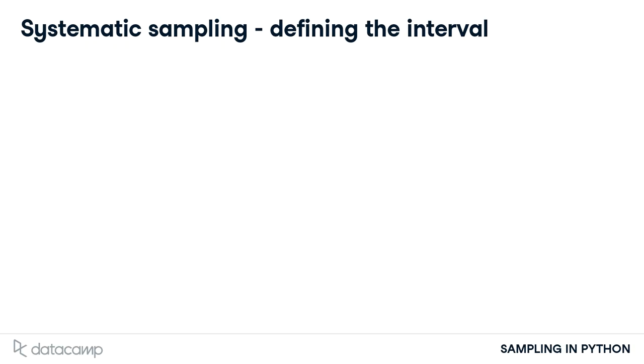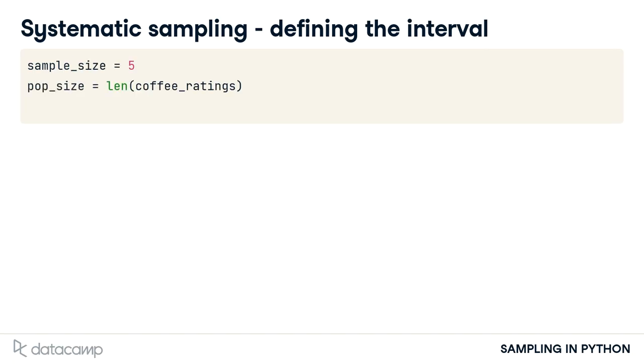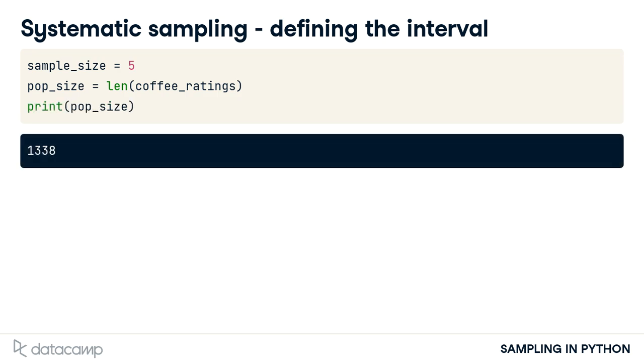Suppose we want a sample size of 5 coffees. The population size is the number of rows in the whole dataset, and in this case, it's 1,338. The interval is the population size divided by the sample size. But because we want the answer to be an integer, we perform integer division with 2 forward slashes.